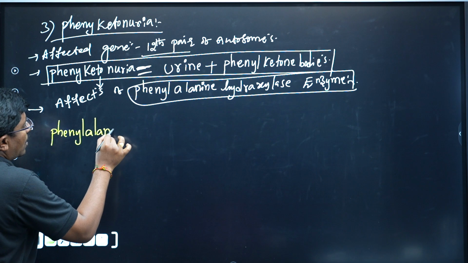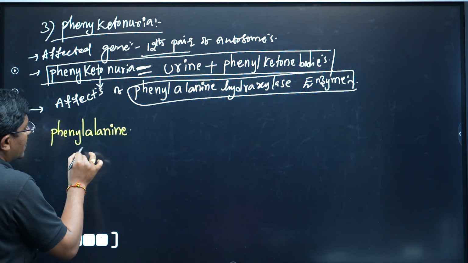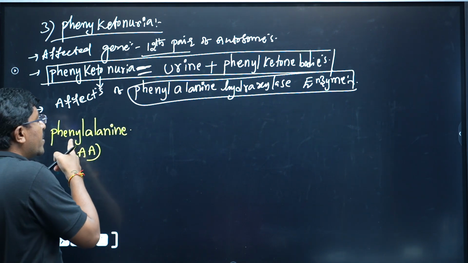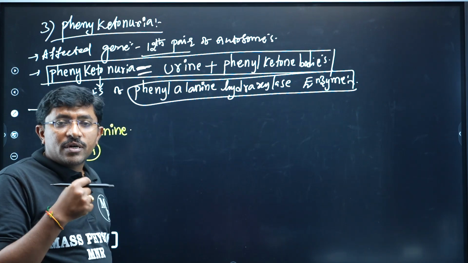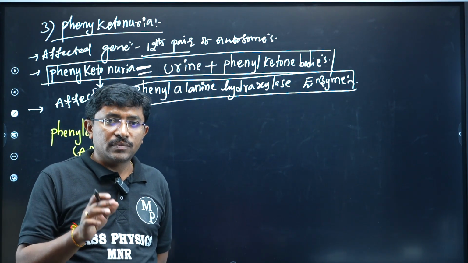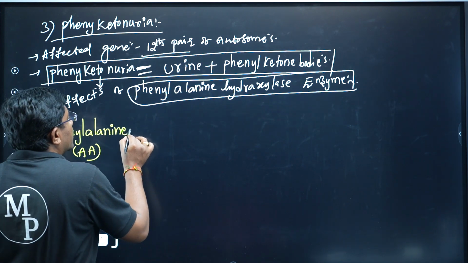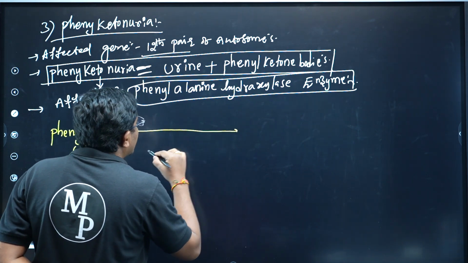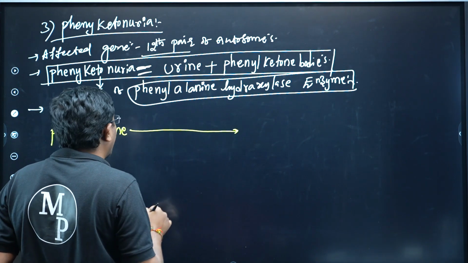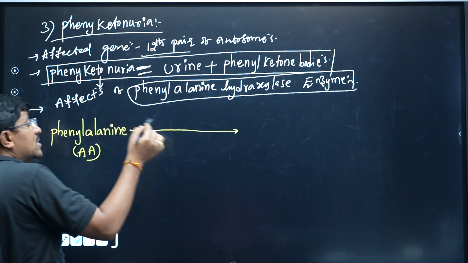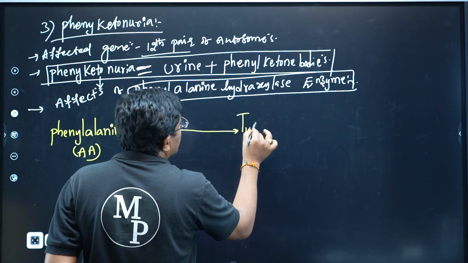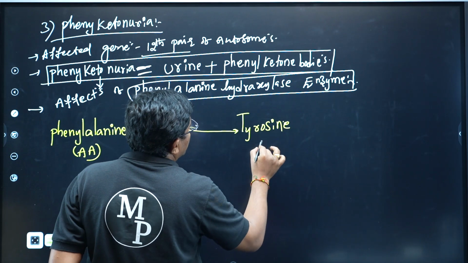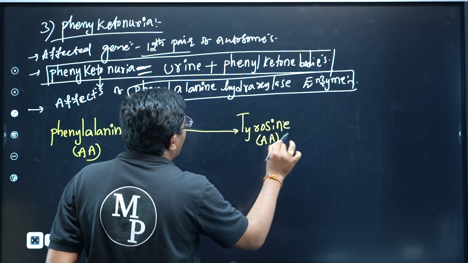Phenylalanine is one of the amino acids, generally present in the food we take daily. After being released into the blood, this phenylalanine is converted into tyrosine, which is another kind of amino acid.